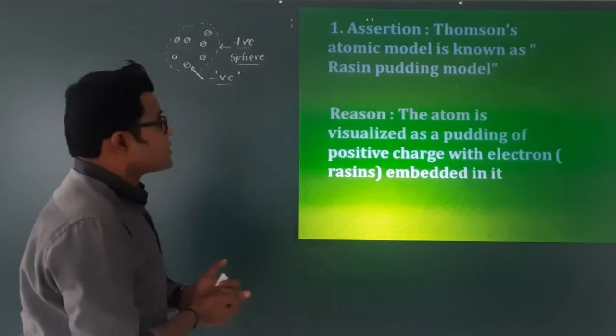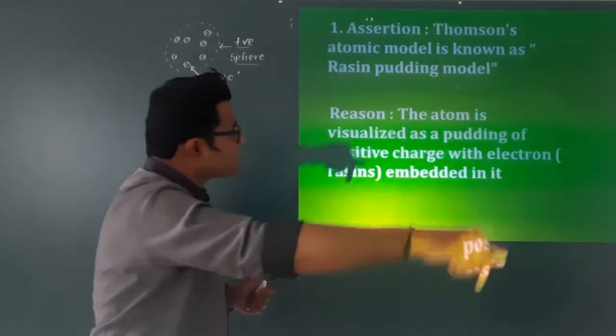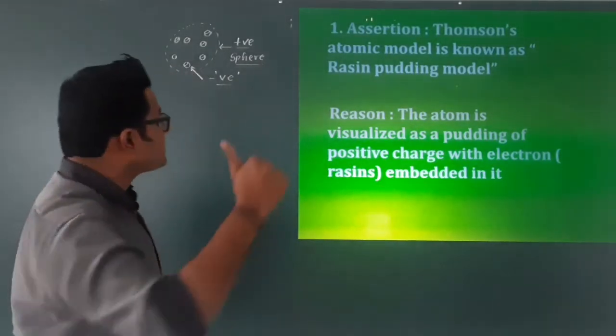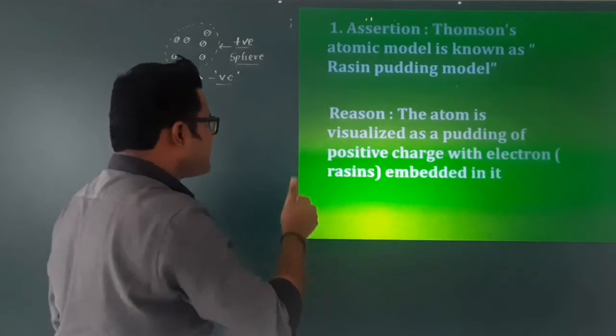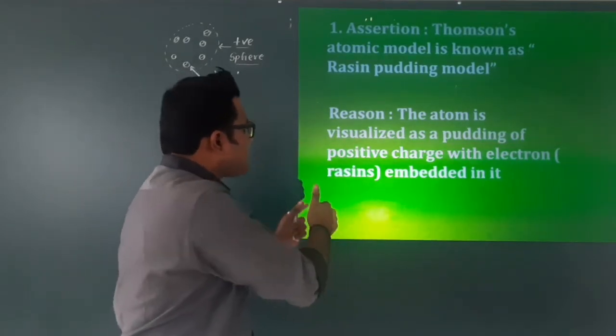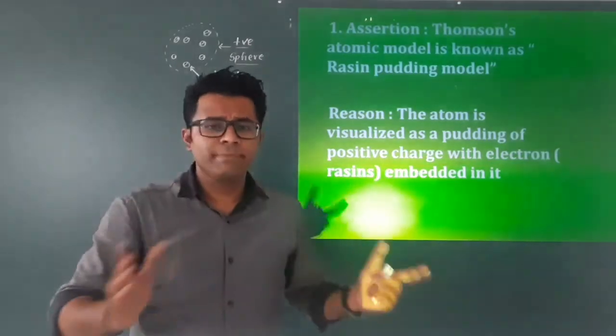Now, assertion is that Thomson's atomic model is also regarded as the raisin pudding model. Yes, we do agree with that. Reason is also correct, that is the atom is visualized as a pudding of the positive charge with the negative electrons embedded inside it. Yes, this is perfect.